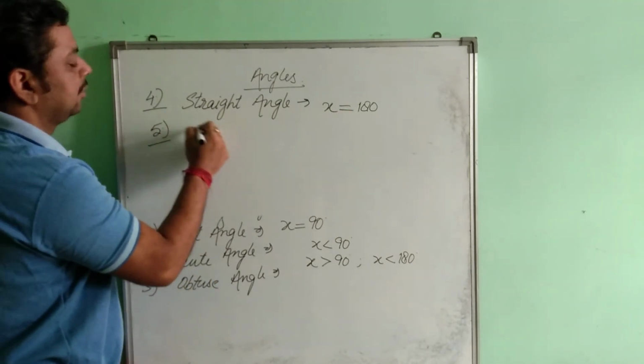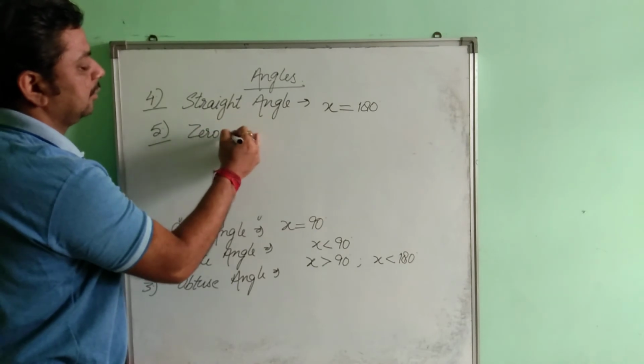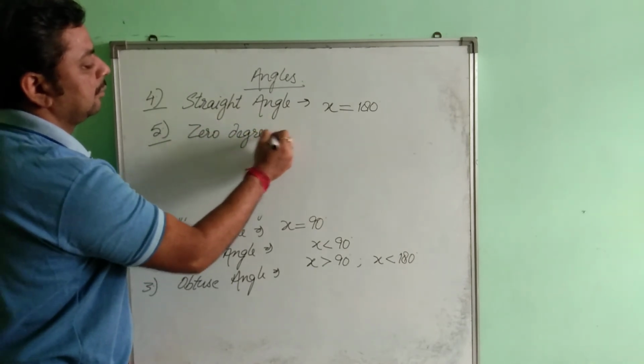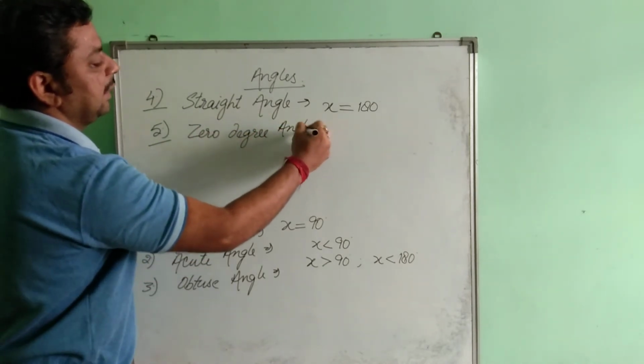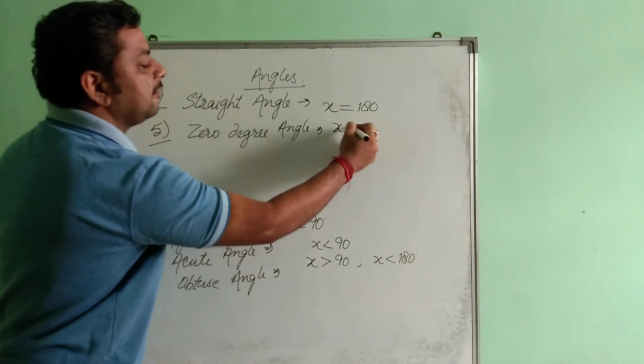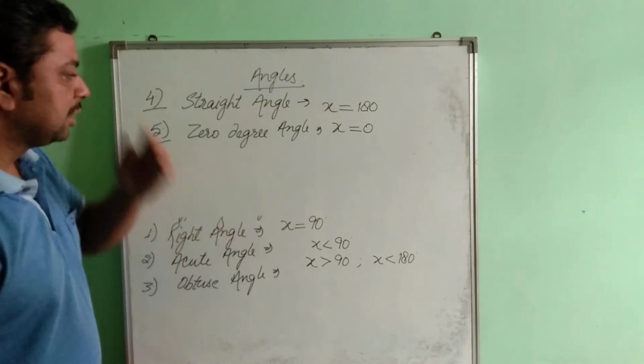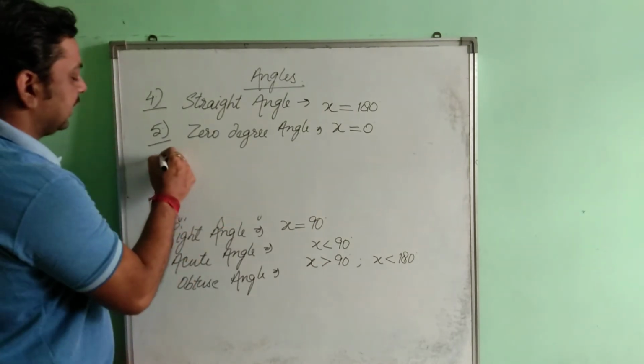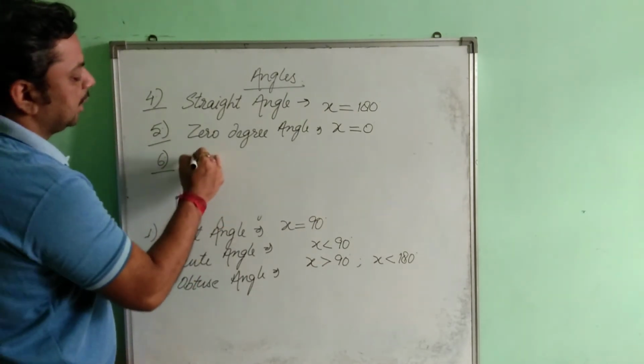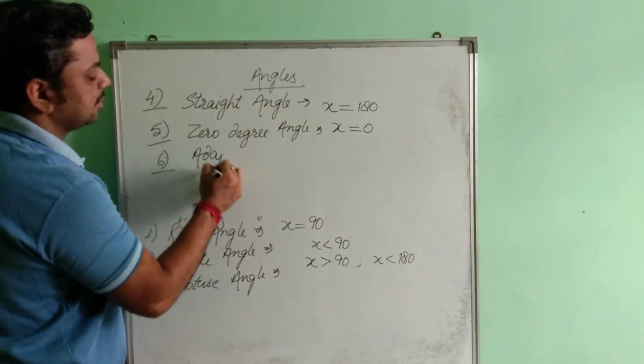Fifth, 0 degree angle. Any angle which is equal to 0 degrees would be considered a 0 degree angle. Then sixth, adjacent angles.